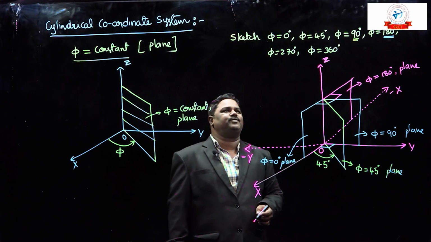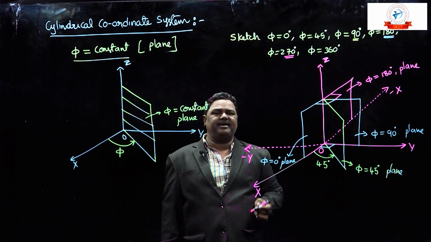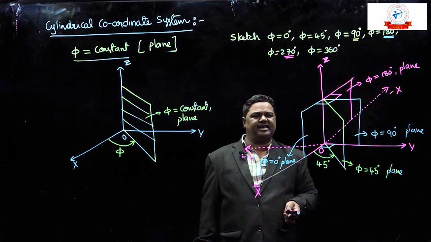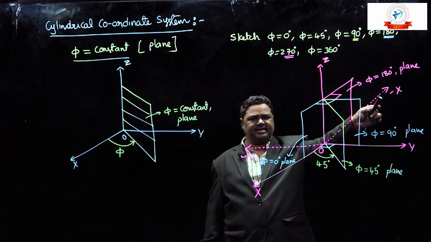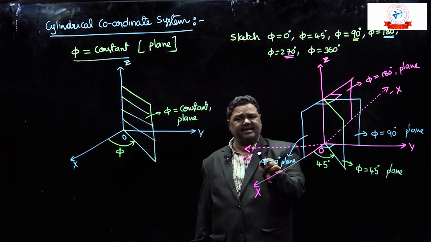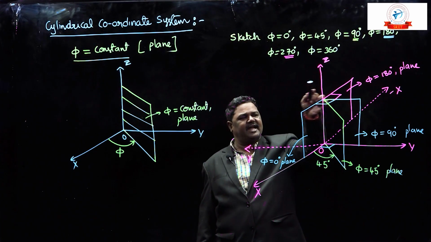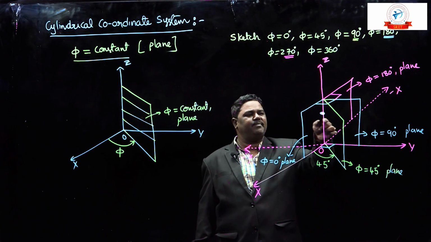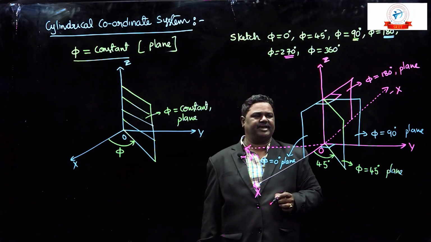Next one. What is meant by the phi is equal to 270 plane? When the plane makes 180 degrees with x, it moves onto minus x. What is the angle between minus x and minus y? 90 degrees. If it moves further 90 degrees and the plane moves onto minus y, the total angle made with the x-axis is 270.